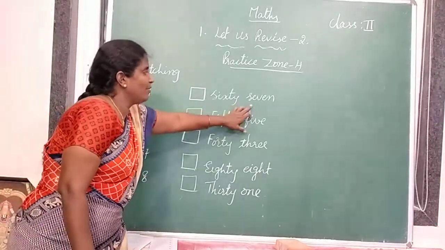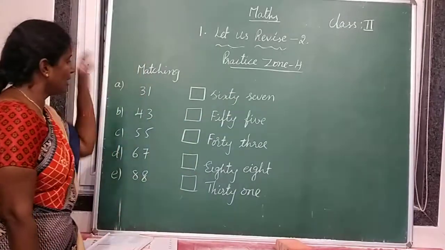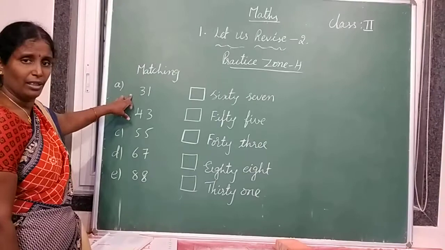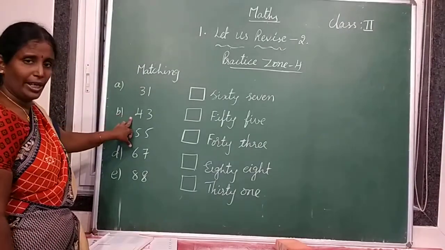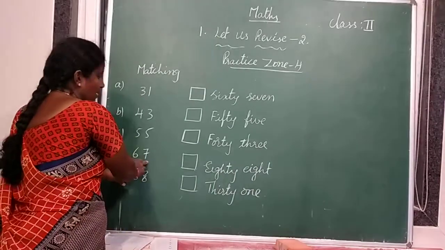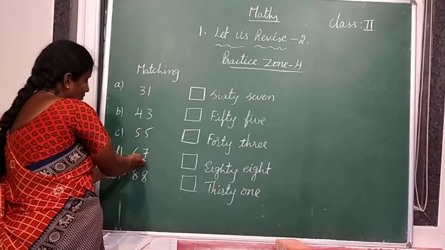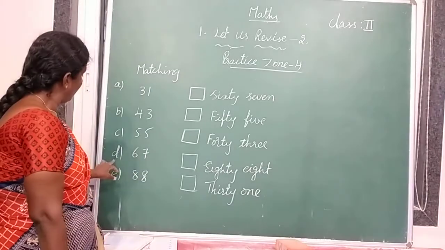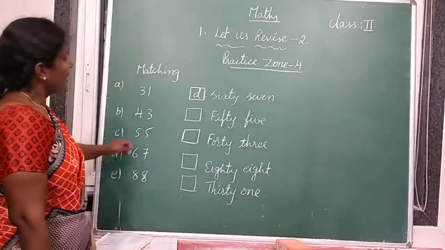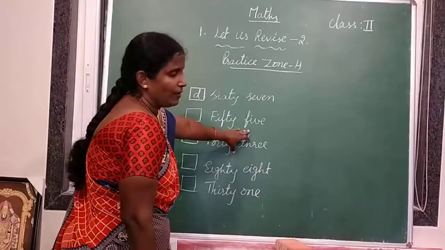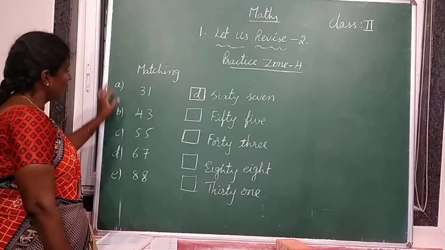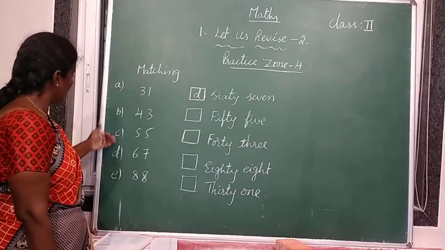So 67. Where is 67 here? In these numbers, where is 67? Is it this one? No. This is 67. So what is the letter in front of 67? D. So write D in this box. And the next number name is 55. Which one is 55? A, B, C or E?